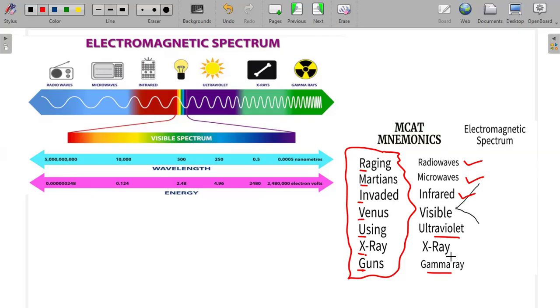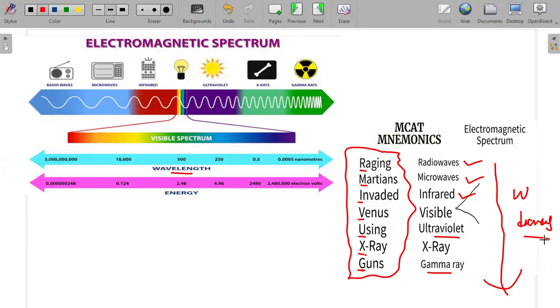So you can just memorize this, and you'll be able to remember the radiations in order. And then you just have to know one of the two: either the trend for the frequency or the trend for the wavelength, because if you know one, the other will just be the opposite. So from the radio waves to the gamma rays, the wavelength decreases.